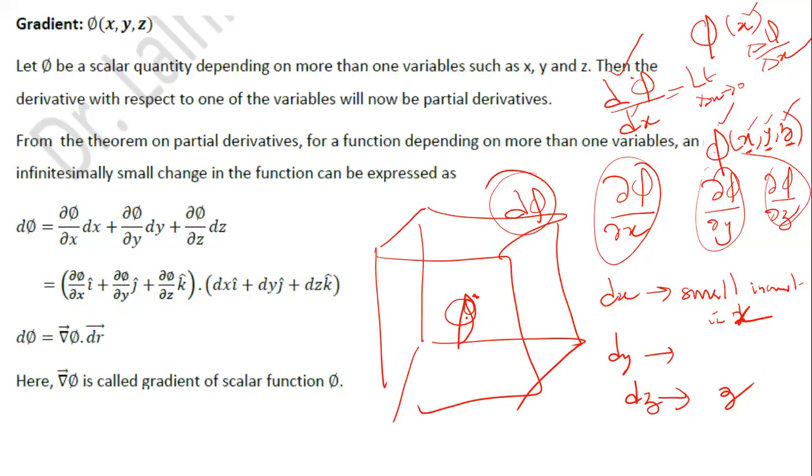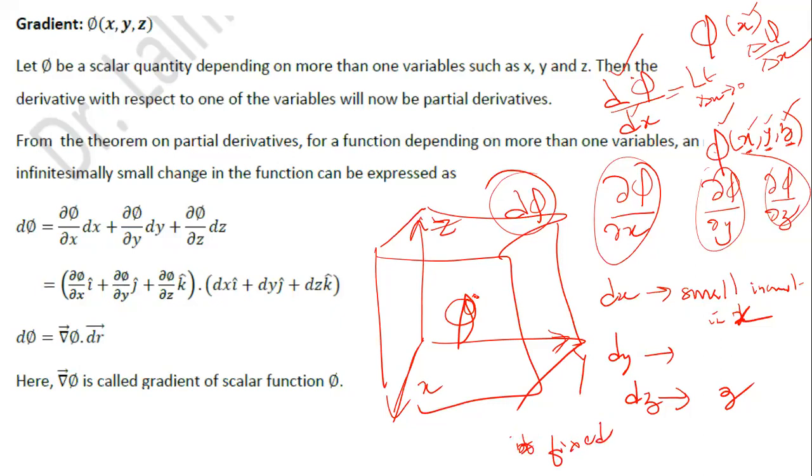That means phi depends on x, y, and z. This is x, this is y, this is z. Phi is a scalar function which depends on x, y, and z. So let's say you have a certain phi value at a certain point. The phi value is fixed at this point.